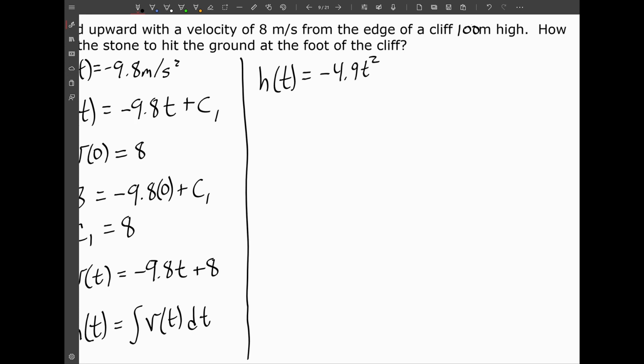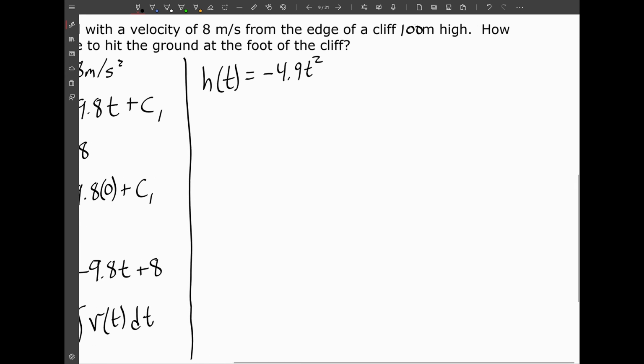I'm honestly pulling that out from our previous equation because the only thing that's different from the previous question is the constant. So I can just skip a few steps here because it's the same as the previous problem. Plus, this time instead of 10t, it's going to be 8t plus some new constant, c2.